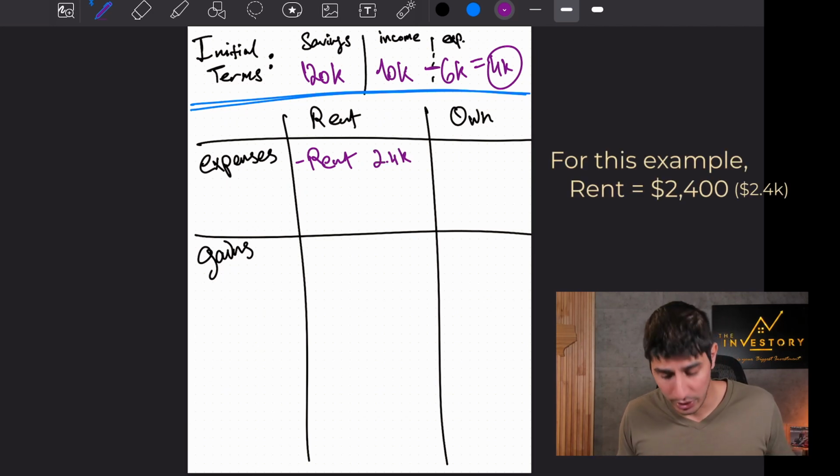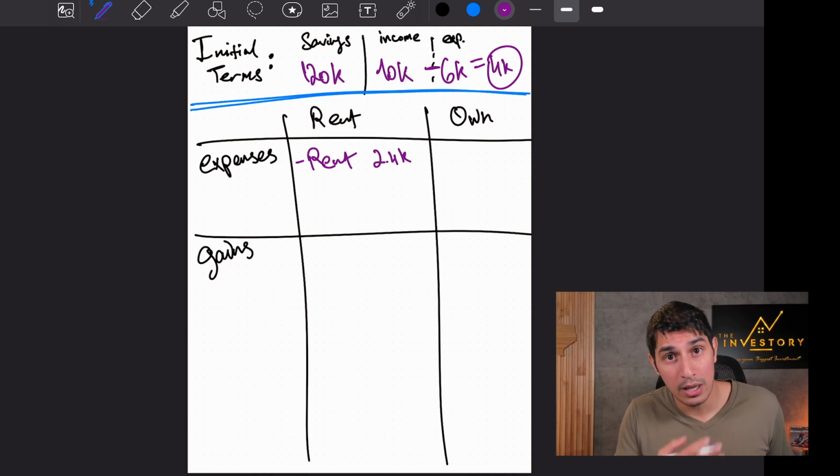And the gains that we have are anything that we have left after we pay the rent.